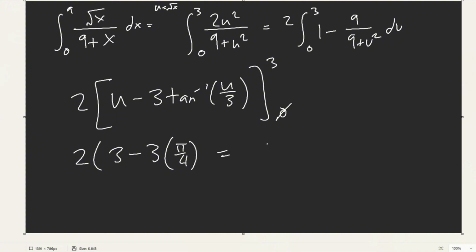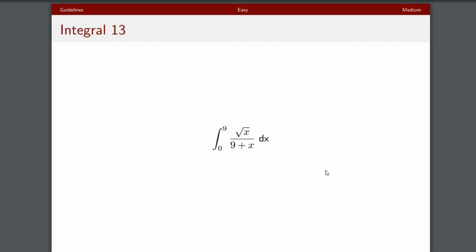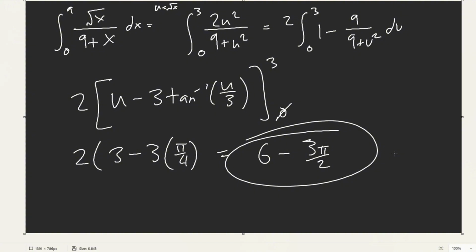So the answer is just going to be 6 minus 3 pi over 2. I hope I didn't mess that up. 6 minus 3 pi over 2. Let's see what we got. Yeah! Alright. Surprisingly, my accuracy is getting a lot better.